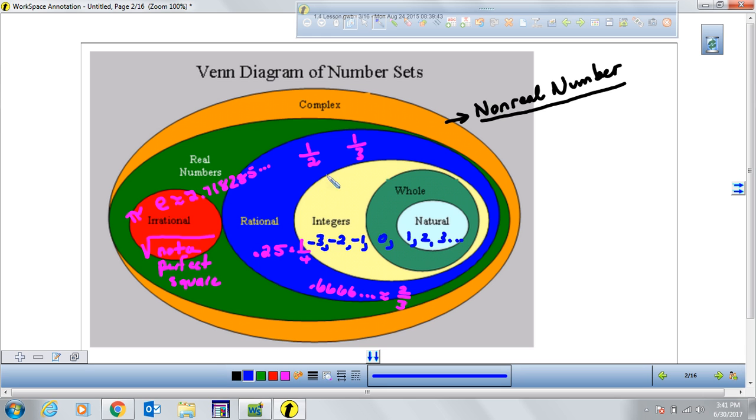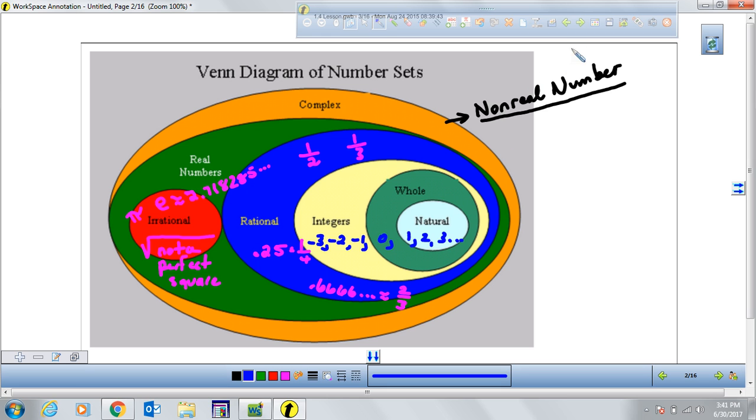For example, -12/4 equals -3, so it can be divided into a single value. So that is a rational number that is also an integer value. More specifically, when we say whole number, that just excludes the negatives. It is the same as the integers, but just the non-negative integers: 0, 1, 2, 3, and so on. And then we have the natural numbers, which exclude zero. So it's just the positive counting numbers.